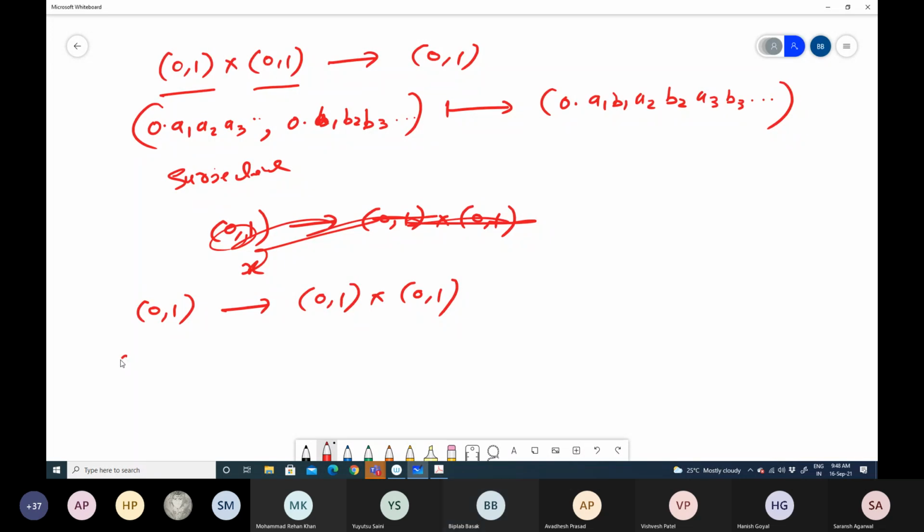That means 0.a1 a2 a3 a4 a5. You can find this one this way: so 0.a1 a3 a5, and 0.b2 b4 b6, in this way.